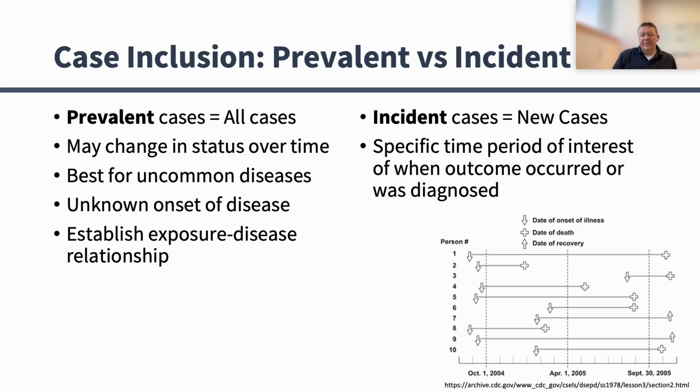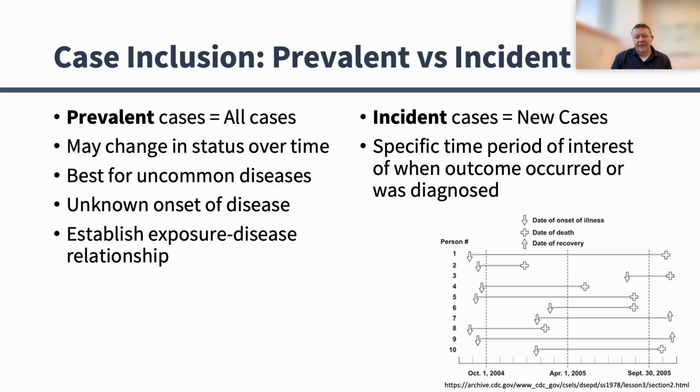So two strategies we can think about for including cases in our study are thinking of all prevalent cases or all incident cases. When we're thinking about all prevalent cases, we're thinking of anyone that's had the outcome of interest. So if we're looking at all injuries, it's usually a short-term event, but might have long-term consequences.